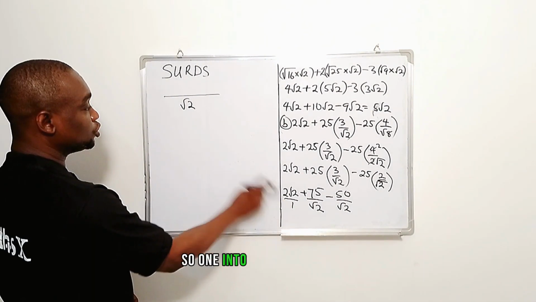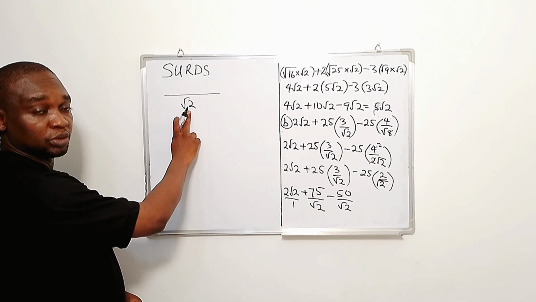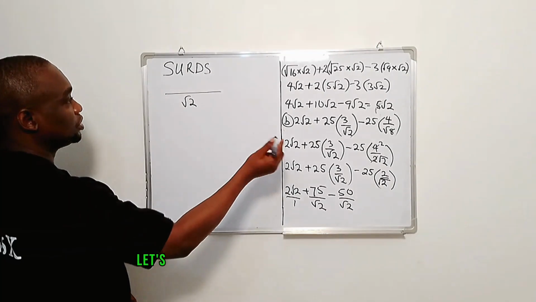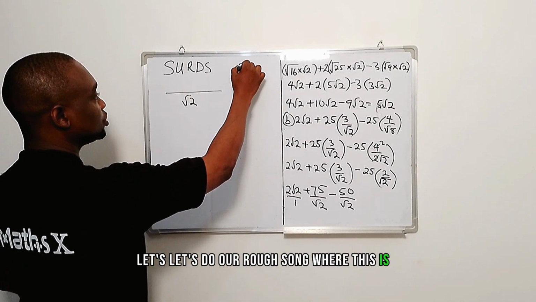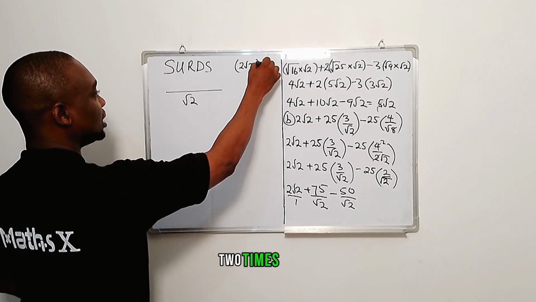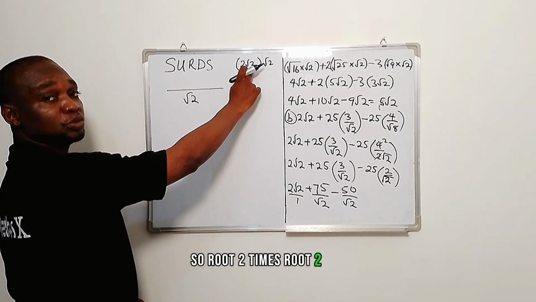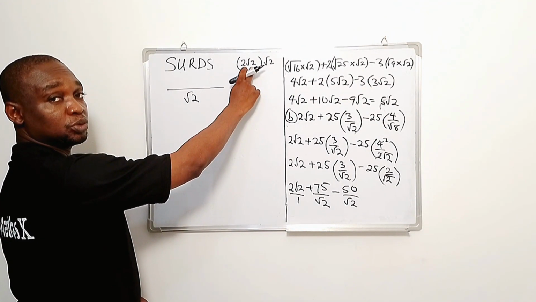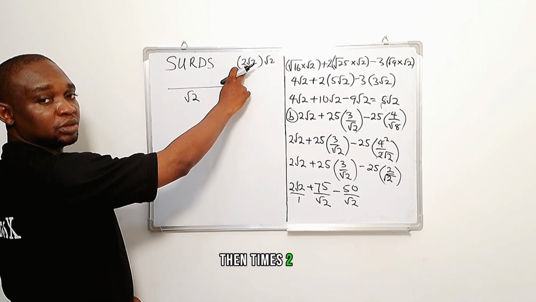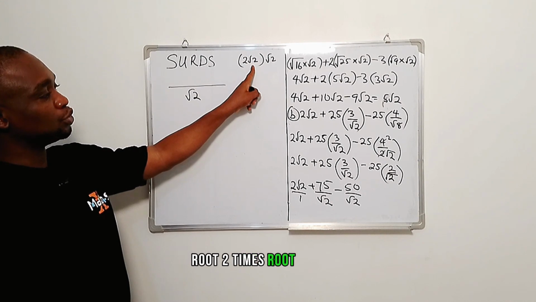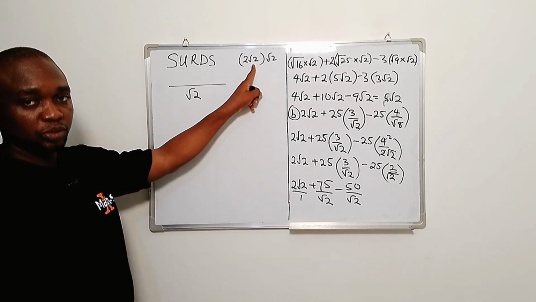So 1 into root 2 is root 2. Then root 2 times 2 root 2. Let's do our rough somewhere. This is 2 root 2 times root 2. So root 2 times root 2 is 2. Then times 2 is 4. I'll take it again. Root 2 times root 2 is 2.